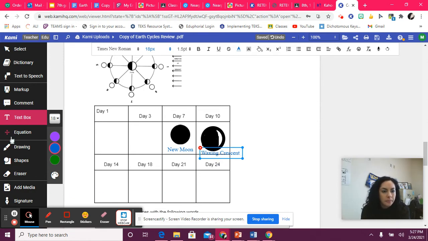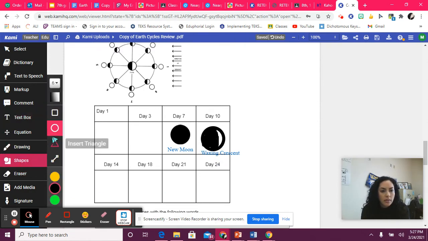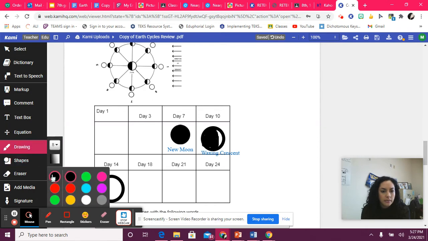Then keep going. Draw your shapes. And then it's growing in illumination. It's illuminated on the right-hand side. Okay, so then this is going to be first quarter and illuminated on the right-hand side.